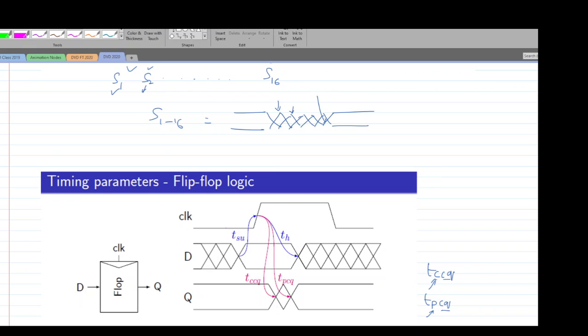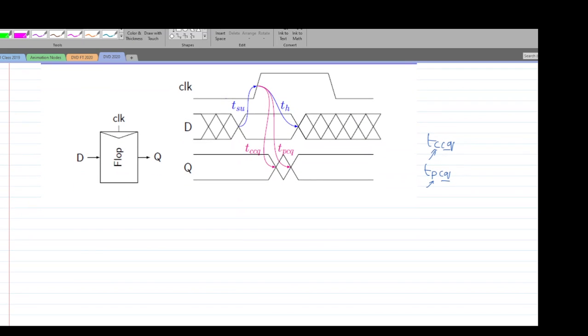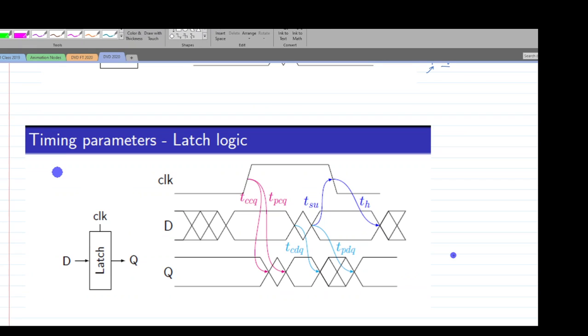Okay, yeah. So now let us focus on the final timing parameters, those of the latch circuit. As shown here, you could see that the setup time and the hold time for a positive latch are defined with respect to the negative edge. Now let us focus on the other two parameters that are related to the outputs.